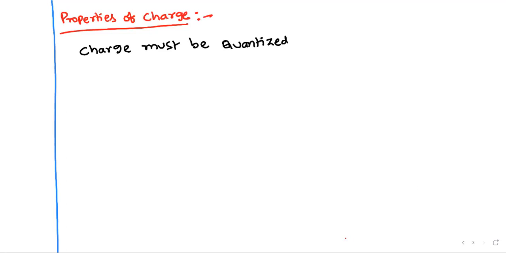Charge must be quantized means that if I'm having only one charged particle, I can write the charge of the system is equal to e, that is nothing but 1.6 into 10 to the power minus 19 coulomb.